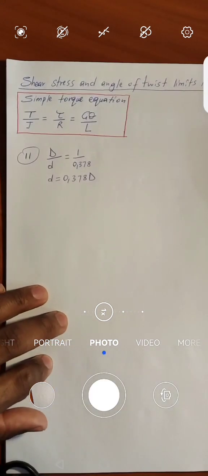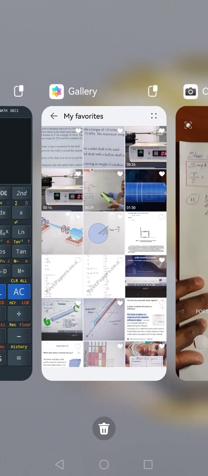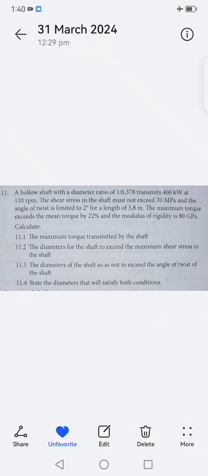Right, from there, it has to transmit a power of 400 kW at a given speed. From that information we can get the mean torque.